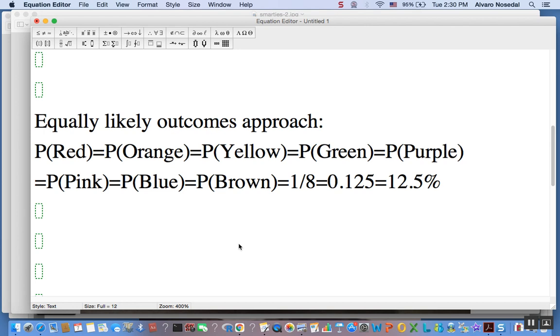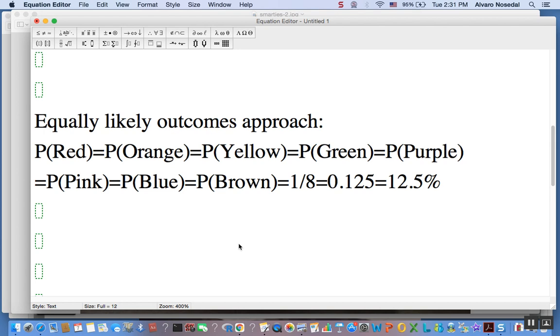For example, based on my experience, I would say that the probability of red, orange, and purple is the same, around 15%. On the other hand, the probability of yellow, green, blue, and brown are also the same, but lower.